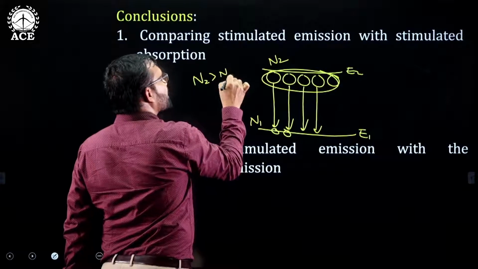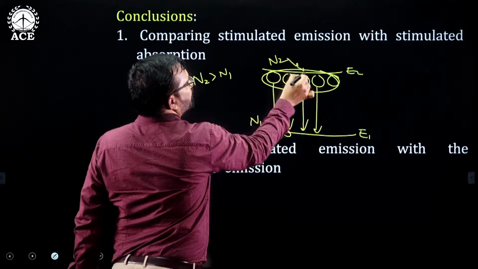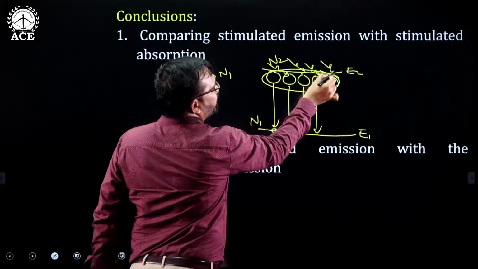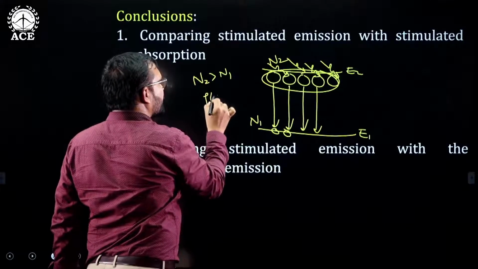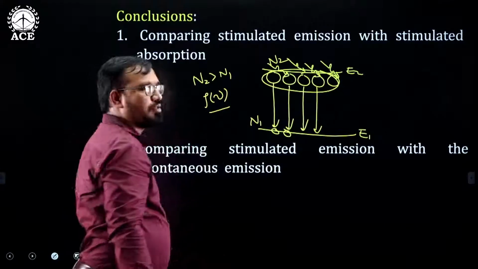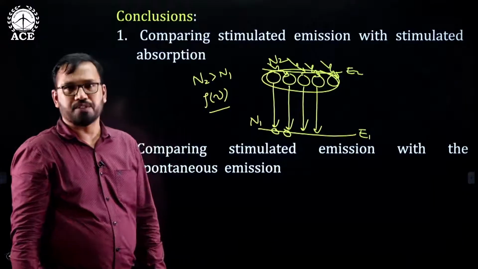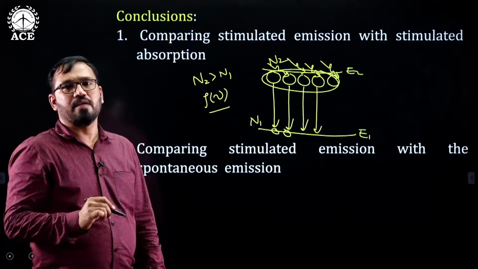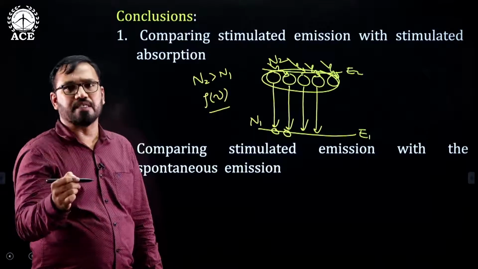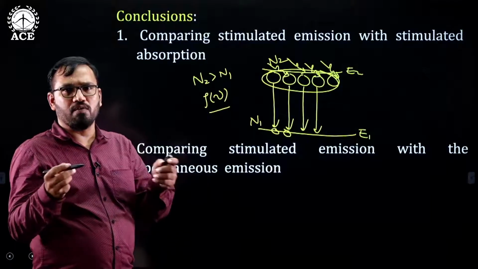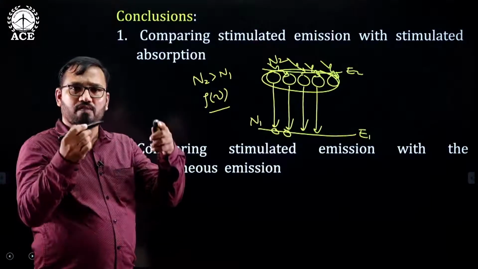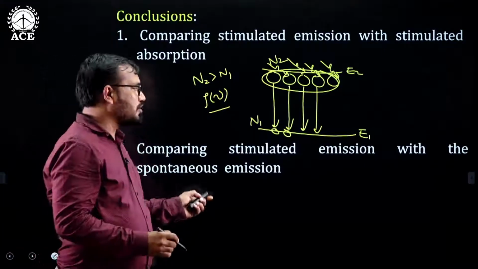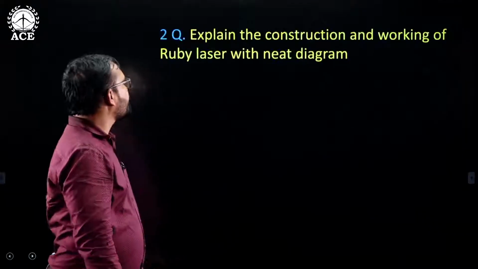And one more thing is required: the number of photons which interact here, that is nothing but photon density. It should be more. To have more stimulated emission, we should have more atoms in the excited level, and also more photon density. If you have more photon density, you will have more downward transition. If you have more atoms, then also you will have more stimulated emission transition. So these are the two conclusions from the unit.